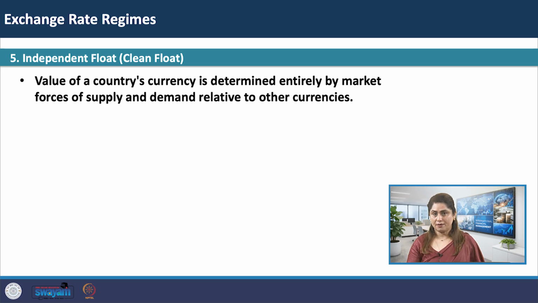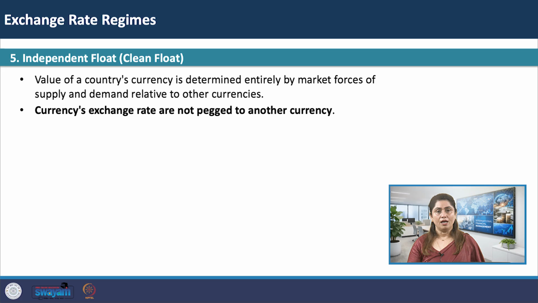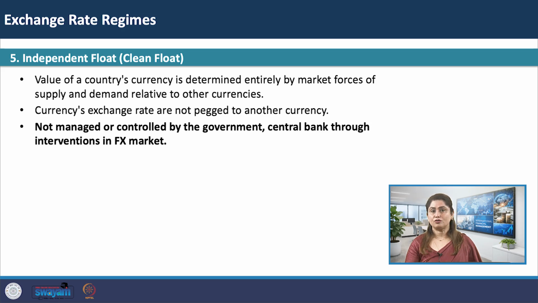There is no peg, there is no managed intervention by the central bank. The currency floats freely. It is not pegged to another currency or to a basket. It floats against other currencies based on market rates. The market rate is not managed or controlled by the government or central bank through intervention in the forex market.